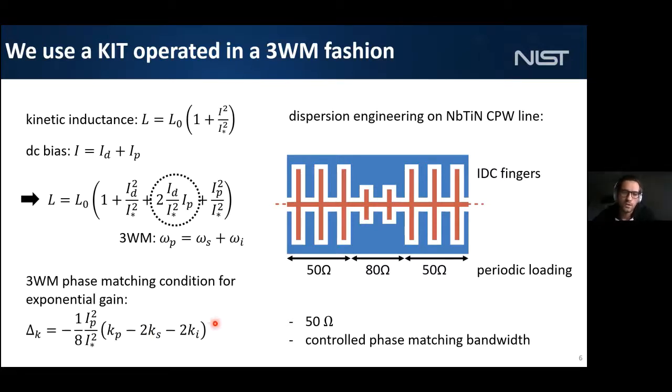You find it by solving the telegraph equation in which you input this as your nonlinear inductance, and then you do a harmonic balance trick in which you keep only the frequencies at the pump, signal and idler, and you're going to find this. But what I'm trying to say is that this includes the three-wave mixing term that is here and the four-wave mixing term that is here. And so those twos basically come from the fact that it's three-wave mixing that we're interested in here.